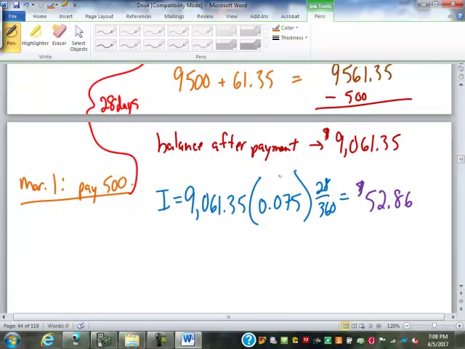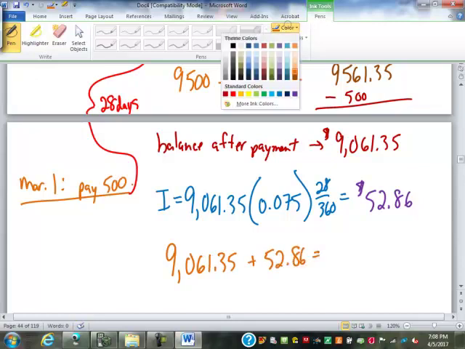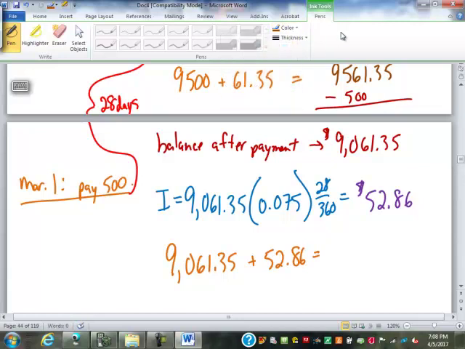So my balance before the payment, I take the $9,061.35, add the $52.86, and get $9,114.21.